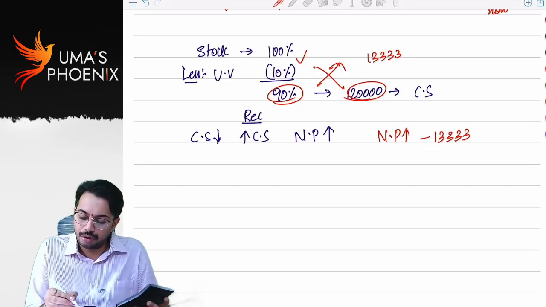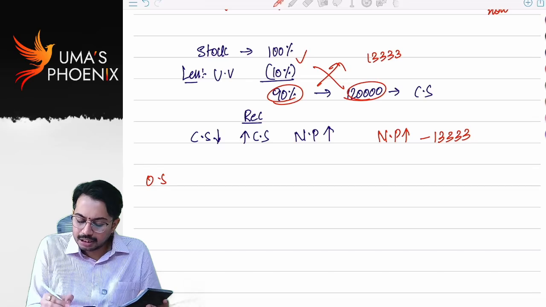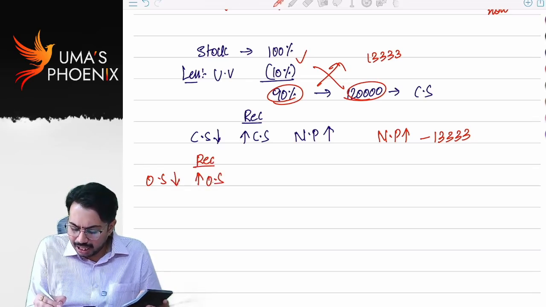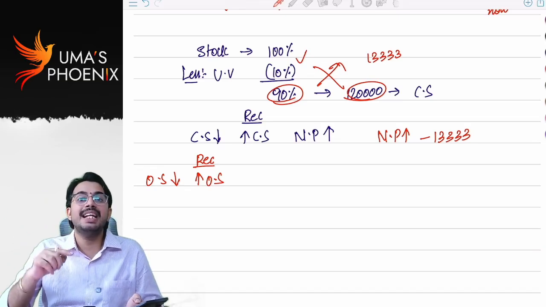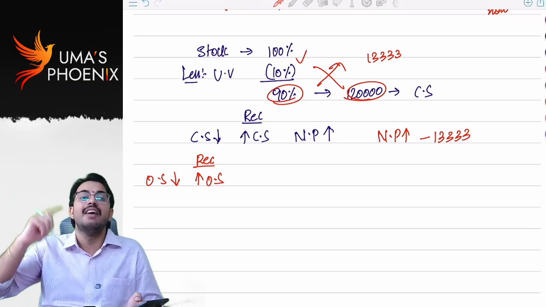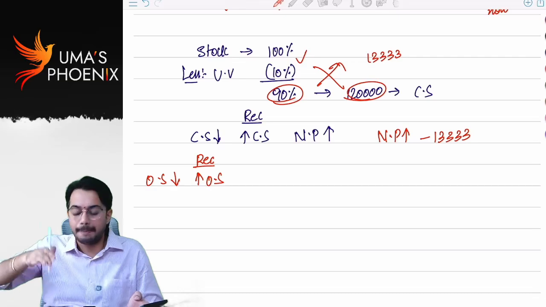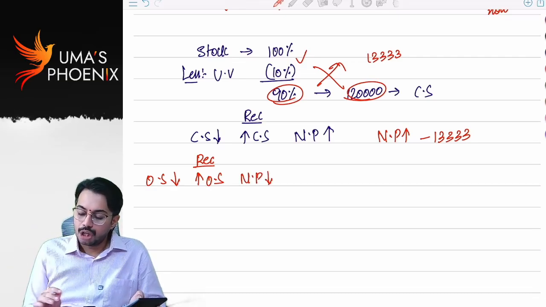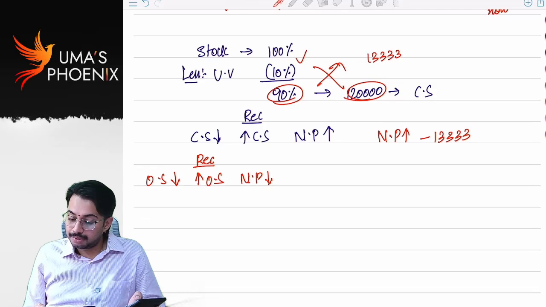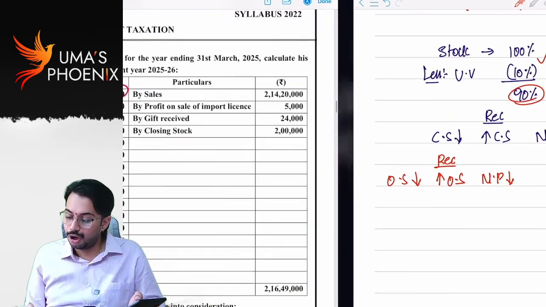13,333. Well and good. Next, opening stock undervalued. To rectify, what will we do? We will increase opening stock. When opening stock increases, expenditure side increases. When expenditure side increases, net profit decreases. So how much is, I'm sorry, hold on.